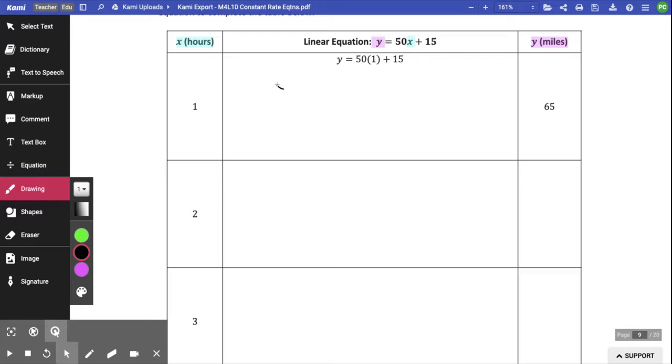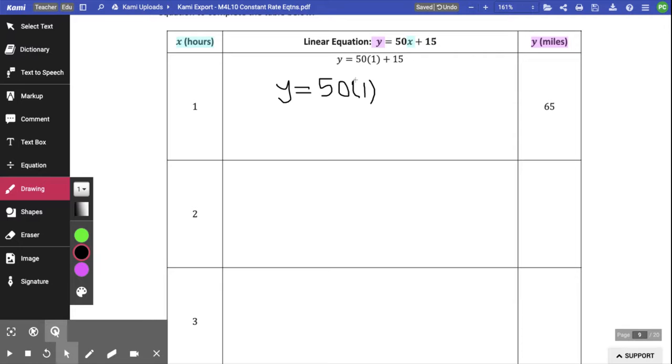So what we're going to do is we're going to use that equation y is equal to 50x plus 15. And because the equation has the x there, and we have now been given a number for x, we're going to change or substitute the x with the number 1 that was given to us. And I'm trying to make those parentheses. Remember that parentheses can mean something like distribution, and distribution means multiplication.